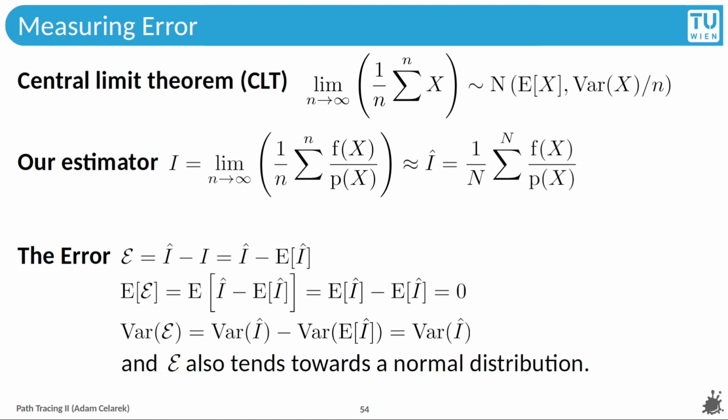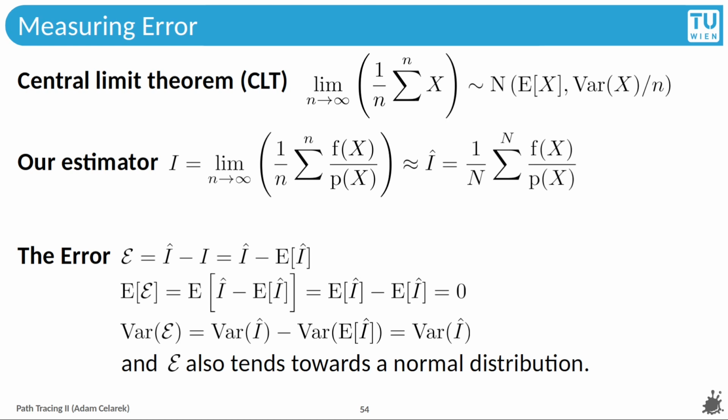Now let's look at the error I hat minus I. We know that the expectation of I hat is I, so we can substitute it. Now we quickly see that the expectation of the error is 0. That's logical since it's unbiased, and that's what we already saw in the Monte Carlo lecture. We can also look at the variance of the error.